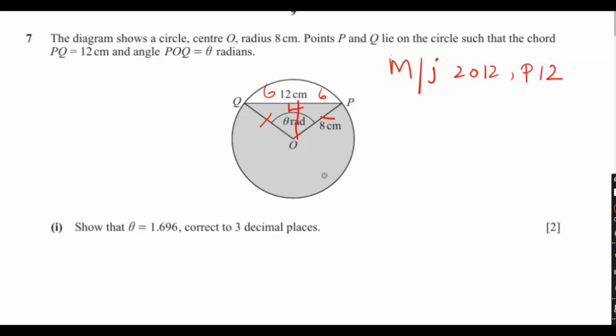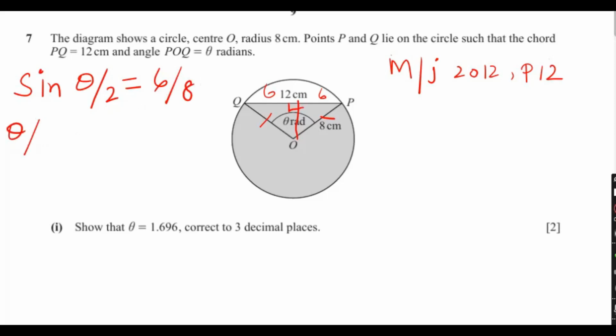So if we apply a simple trigonometrical ratio, sine theta upon 2 is equal to opposite upon hypotenuse. Opposite is 6 and hypotenuse is 8.